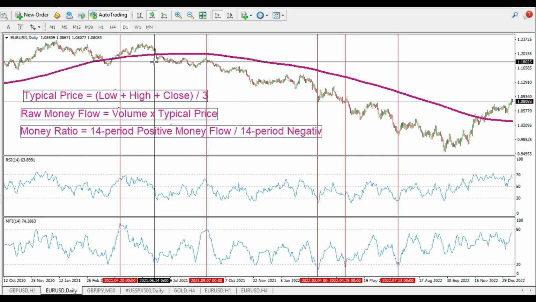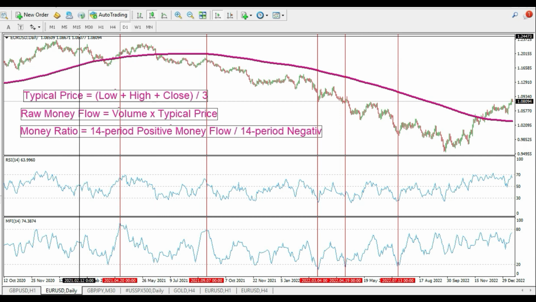If you compare with the Relative Strength Index and create at least 100 testing moments, usually the Money Flow Index has a slightly better success ratio than the Relative Strength Index, and it reacts better to the overbought and oversold levels.